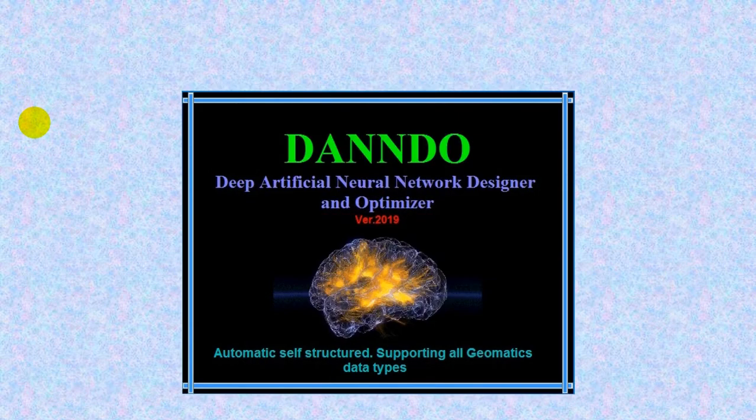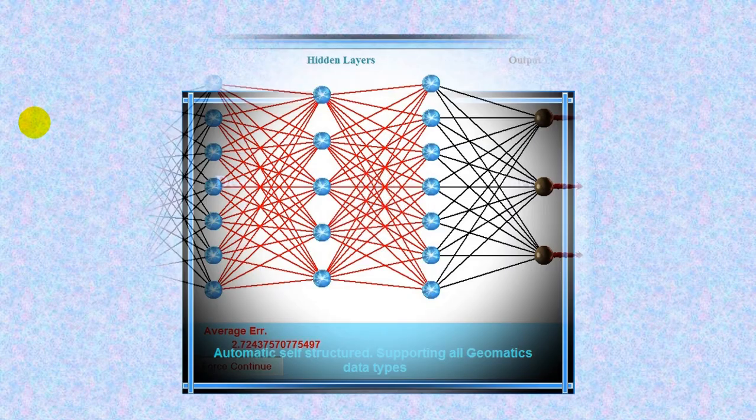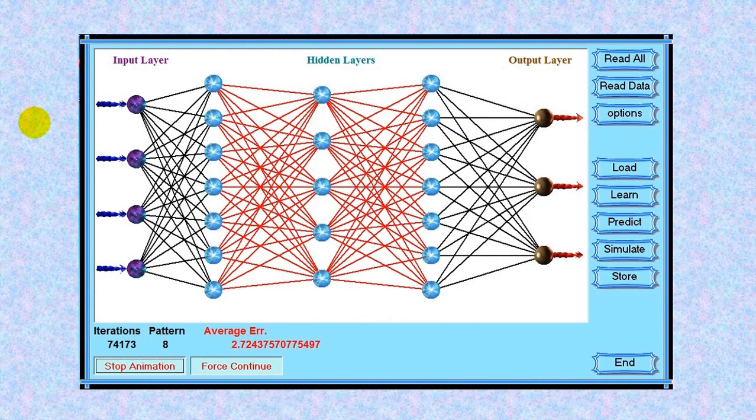The next application is DANDO, Deep Artificial Neural Network Designer and Optimizer. Automatic self-structure supporting all geomatics data types. It is used for geomatics data at this interface, and of course we have 2 coordinates from the left photo and the right photo.